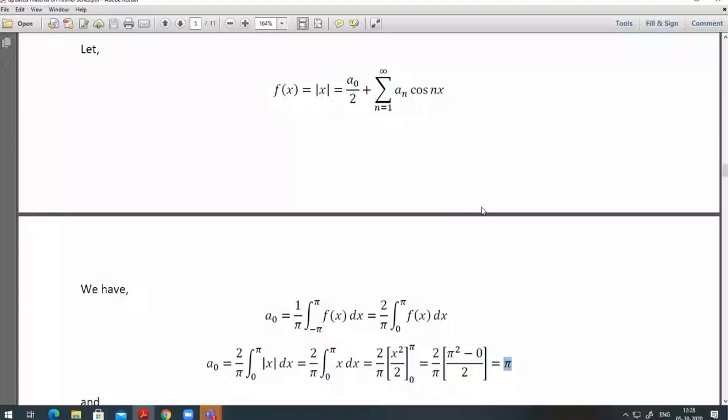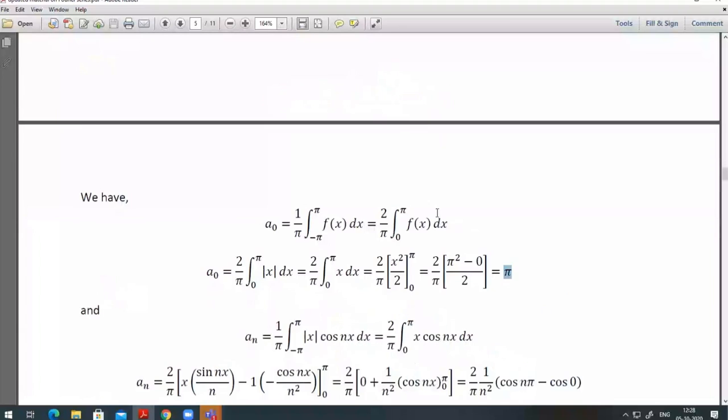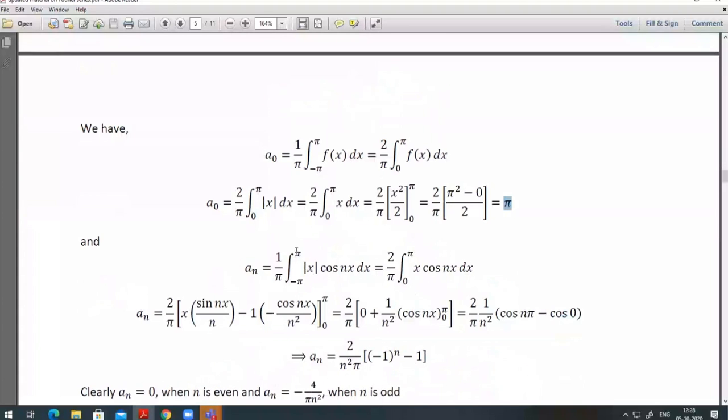Similarly, an is 1 by pi integration c to c plus 2 pi f of x cos 2n pi x by t. Again, since we have period 2 pi, it is cos nx, and f of x is mod x in the interval minus pi to pi.